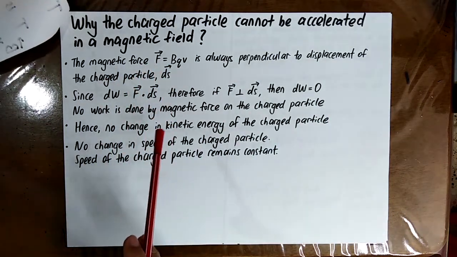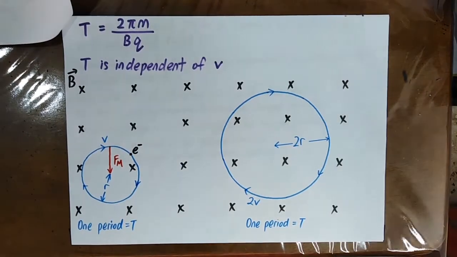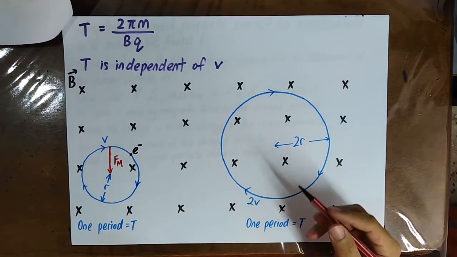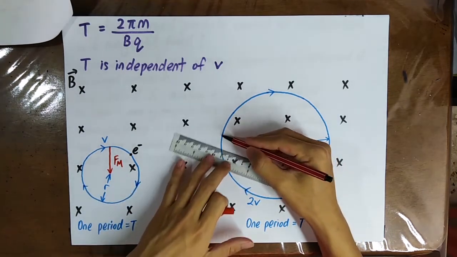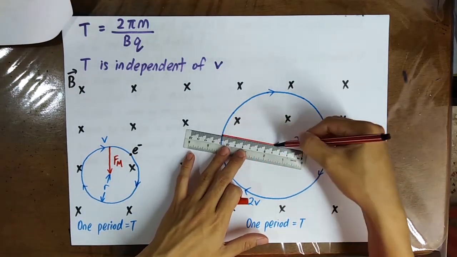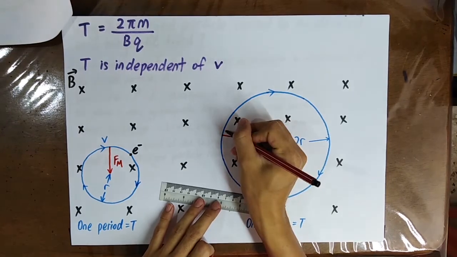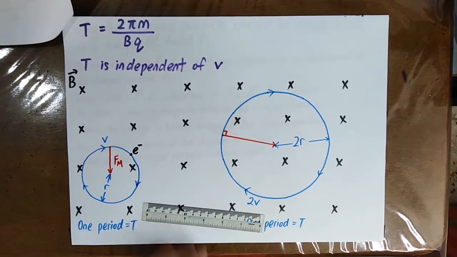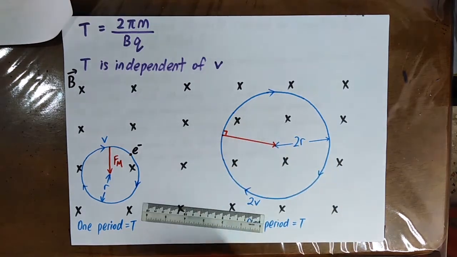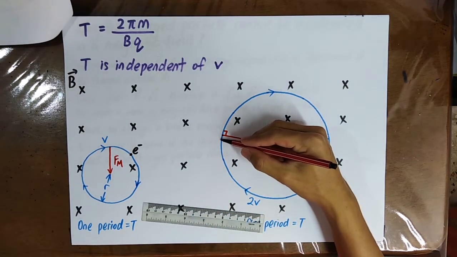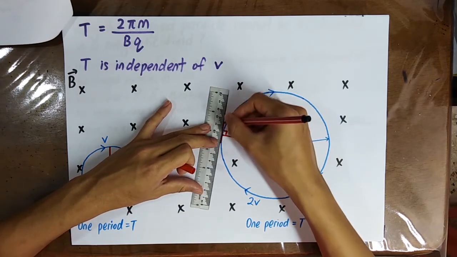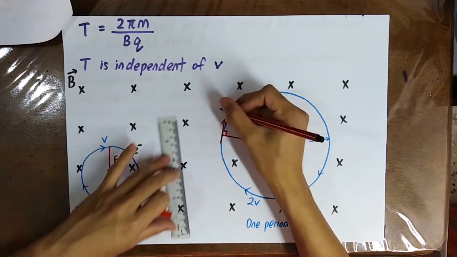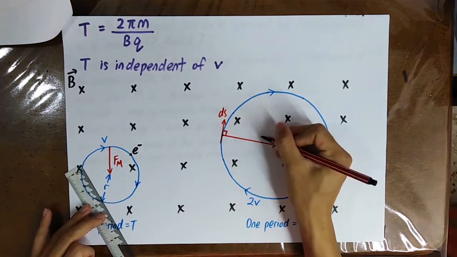For example, the displacement of the electron is from here to here, and then the force is here. This is the displacement, and this is the force.